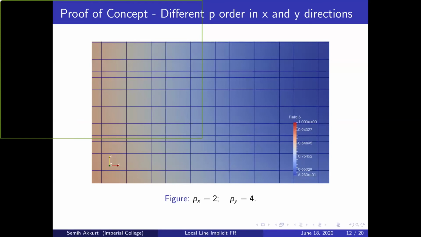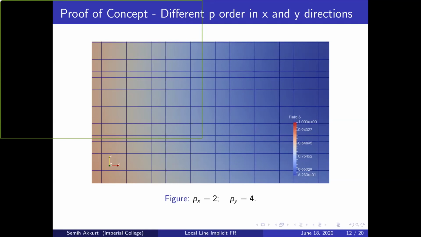So in this picture, you see a mesh. The junction points of lines indicate solution points. We are not seeing the individual elements here. And the polynomial order is set to 2 in x and is set to 4 in y direction.